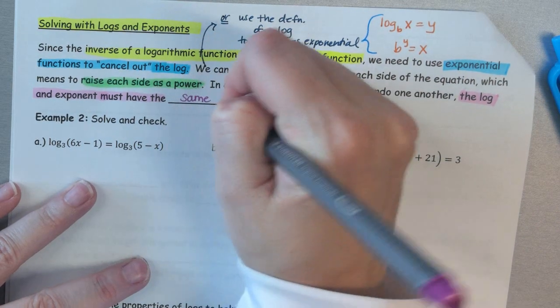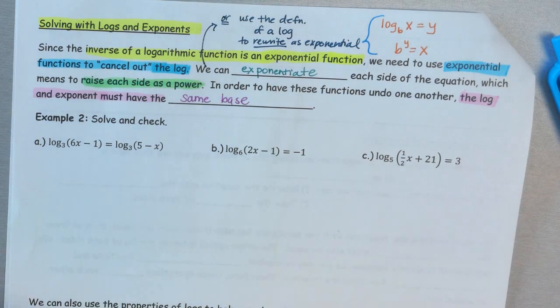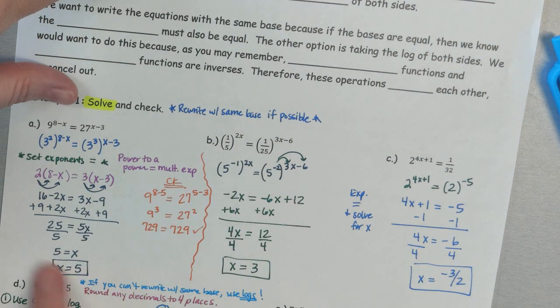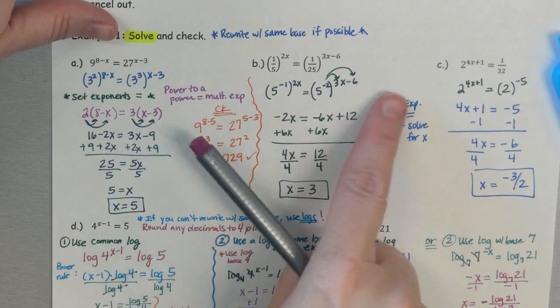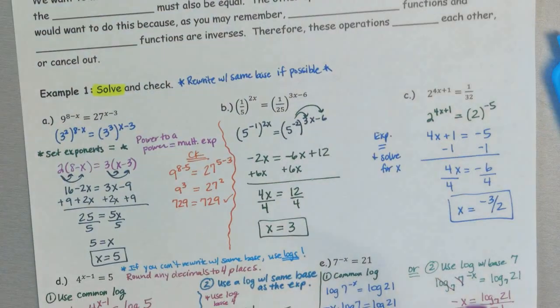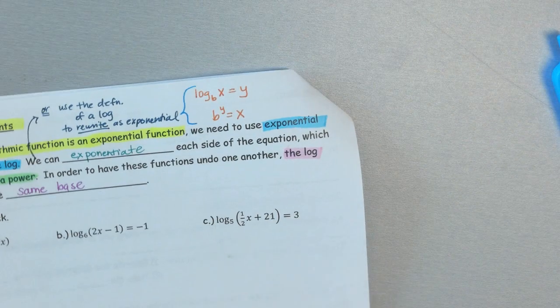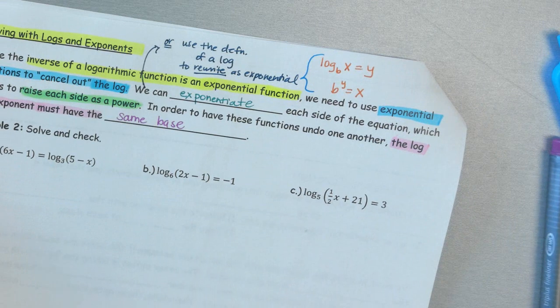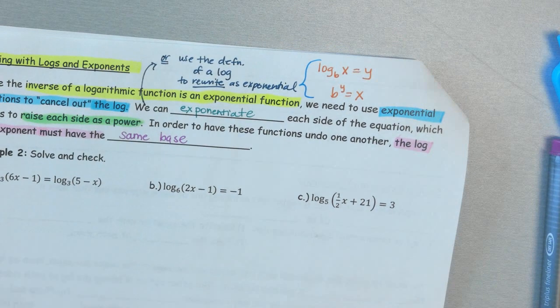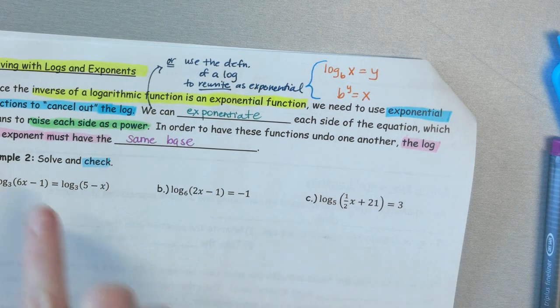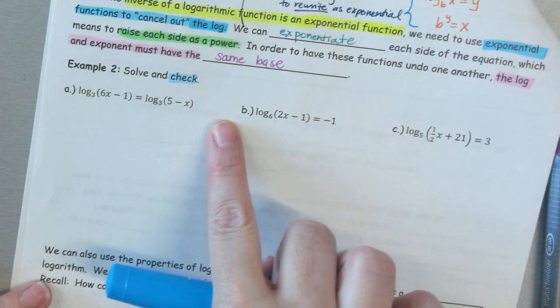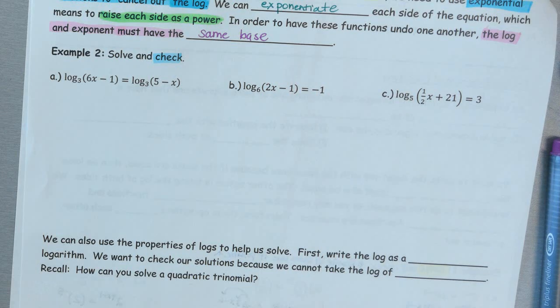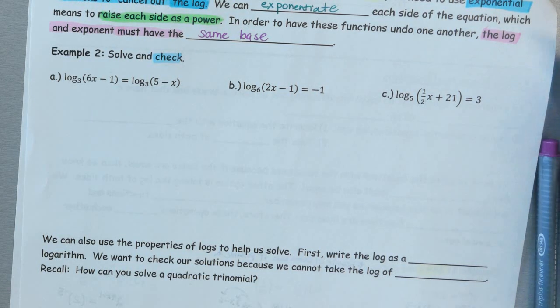Now, on the front side of our notes, notice that all of the equations that we just did were all exponential functions, right? And what's the domain of exponential functions? All real numbers. So there was nothing that we had to be careful about. But look at all of these. These are all logs. And what do we have to be careful of with logs?